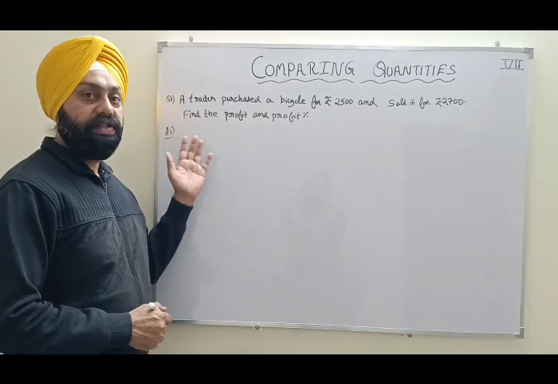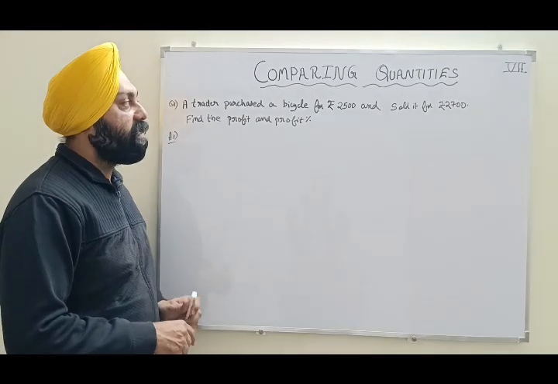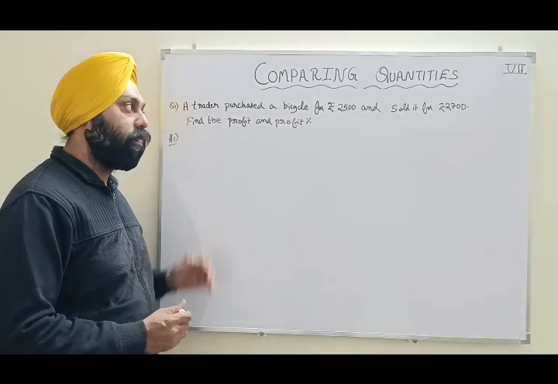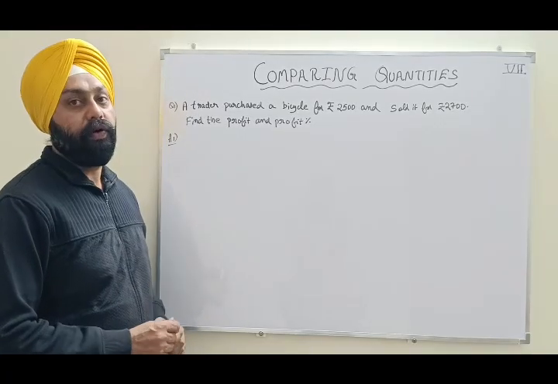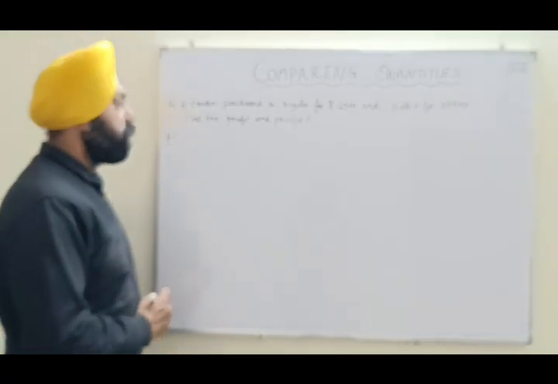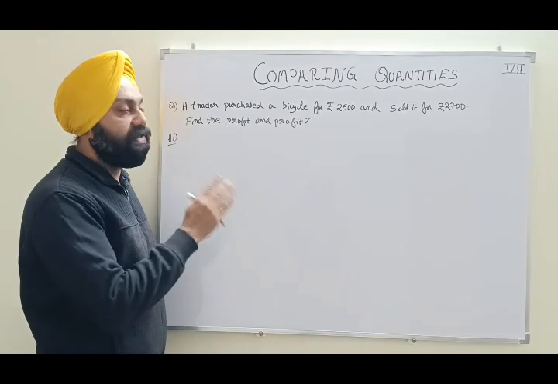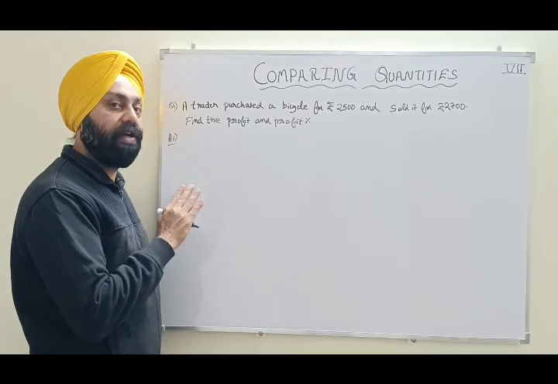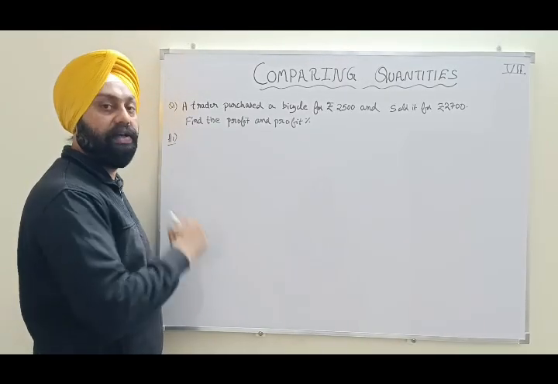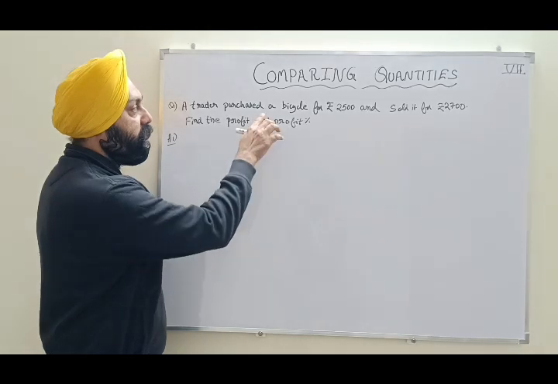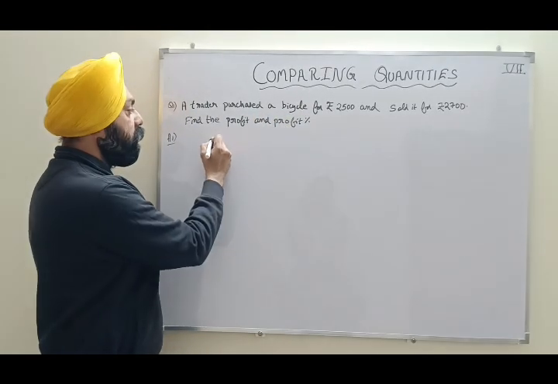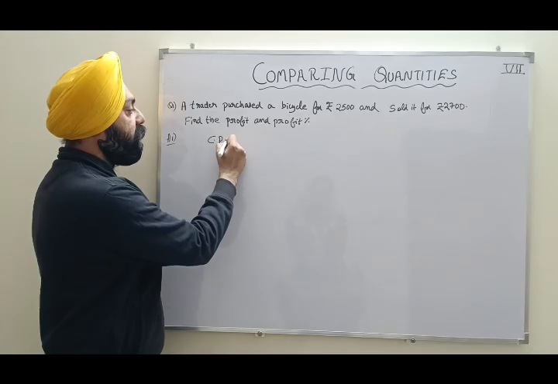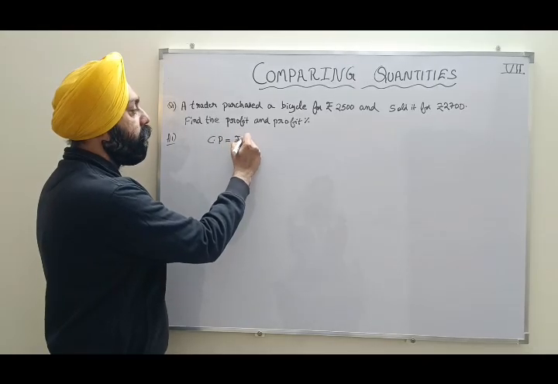So the first question says that a trader purchased a bicycle for 2500 and sold it for 2700. We have to find the profit and profit percent. So the first step is, whatever is given in the question and whatever is asked, you have to first write that. Because the cycle is purchased for rupees 2500, therefore the cost price of the bicycle is equal to rupees 2500.